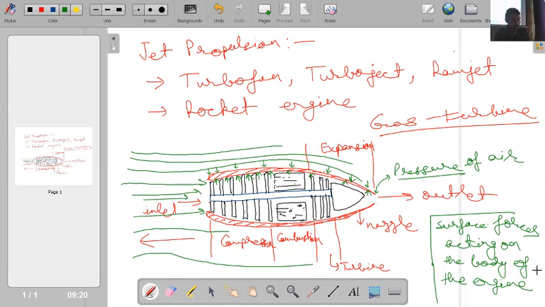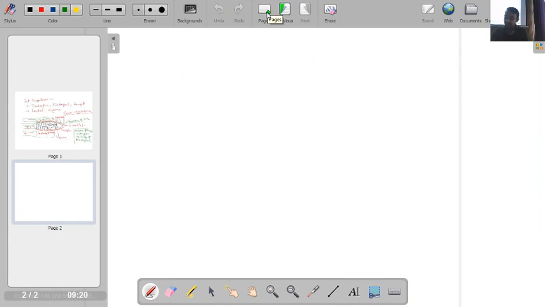Now when we talk about this resultant force, obviously force can be because of pressure plus shear. These are the two components of the surface forces which can act.